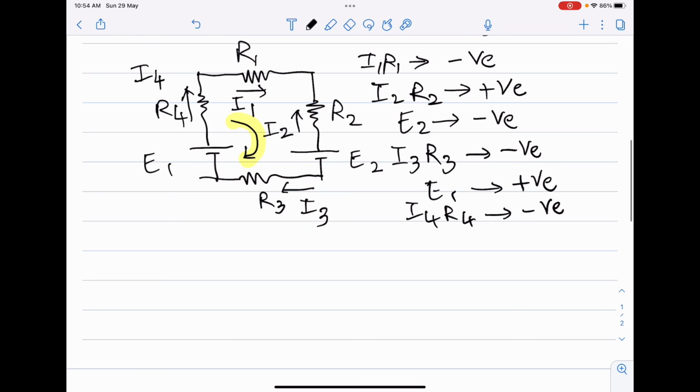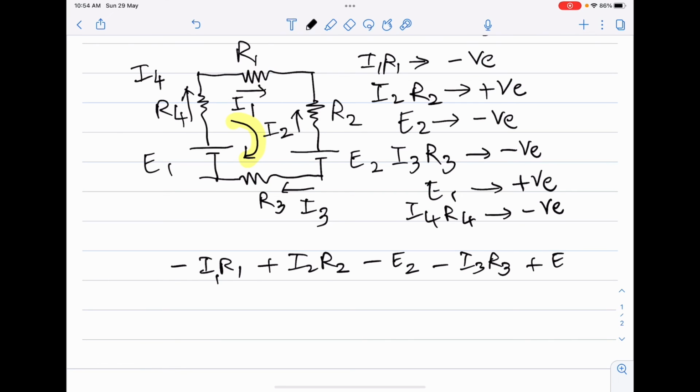And therefore we can write the KVL equation for this closed circuit as minus I1 R1 plus I2 R2 minus E2 minus I3 R3 plus E1 minus I4 R4 is equal to 0.